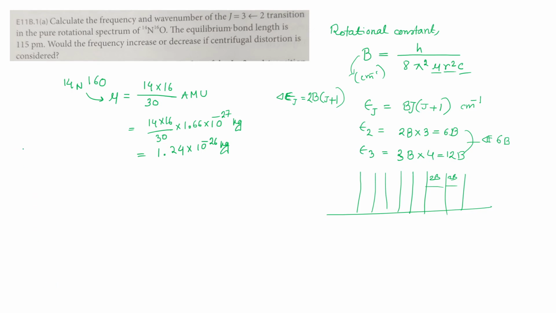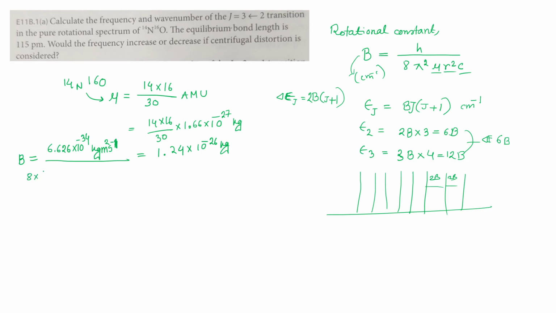So h is Planck's constant, 6.626 into 10 to the minus 34 kg meter square second minus 2, which is joule second. So that will be like that.